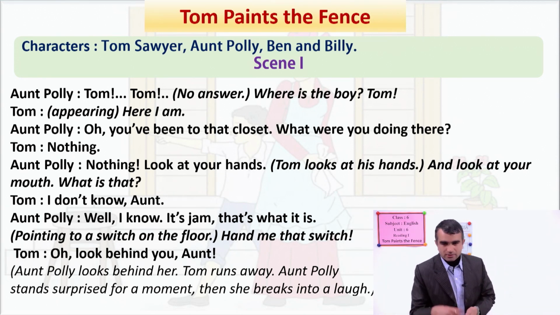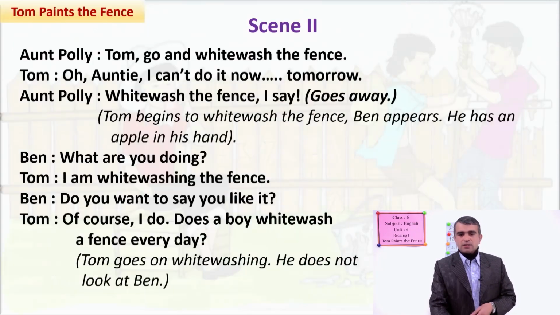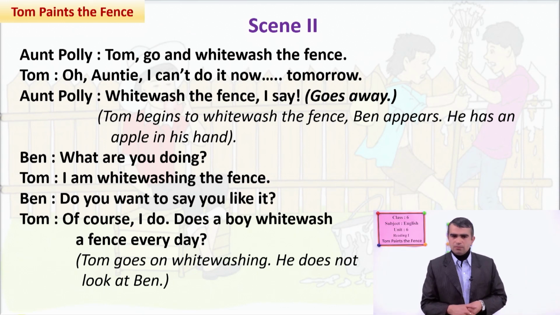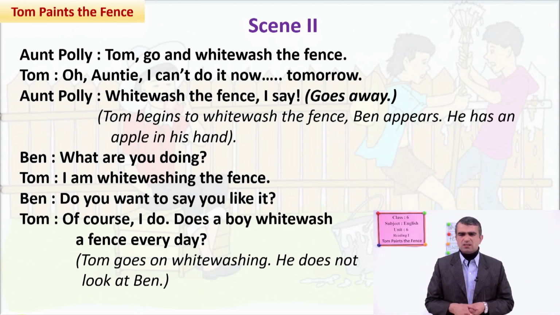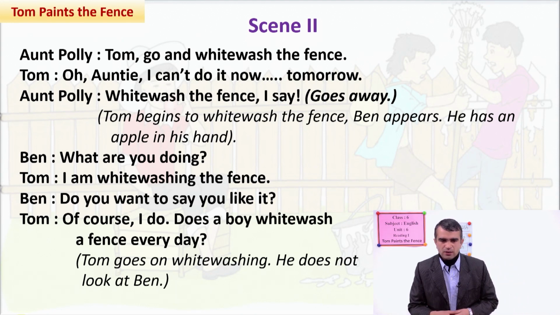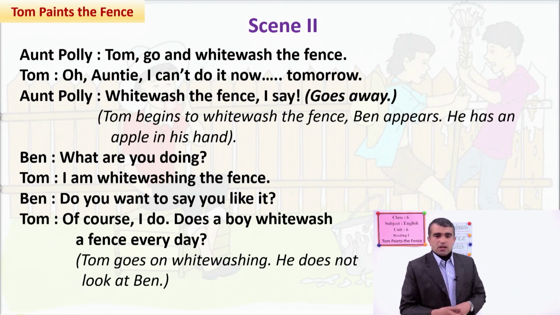Now this is scene 1. Now in scene 2, Aunt Polly. Tom, go and whitewash the fence. Tom. Oh, Auntie, I can't do it now. Tomorrow. Aunt Polly. Whitewash the fence, I say. She goes away. Tom begins to whitewash the fence.